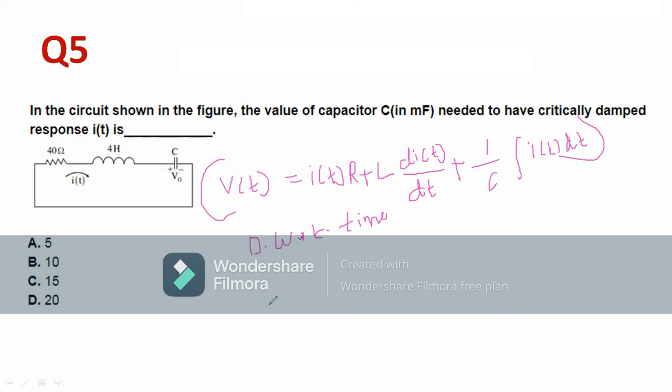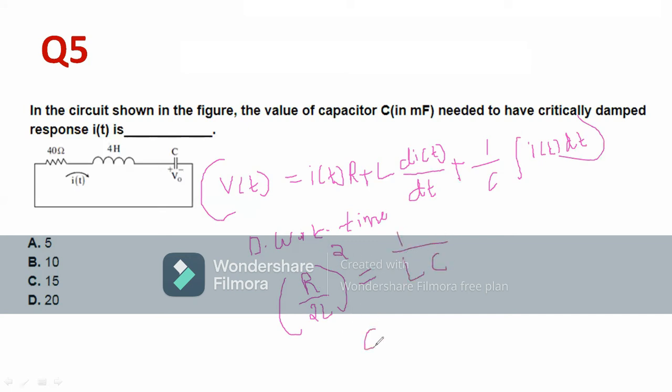You will be getting a second order equation, and try to calculate the roots of the second order equation. And one root you have to consider, and you will be able to get the one relation like R by 2L the whole square, that is equal to 1 by LC.